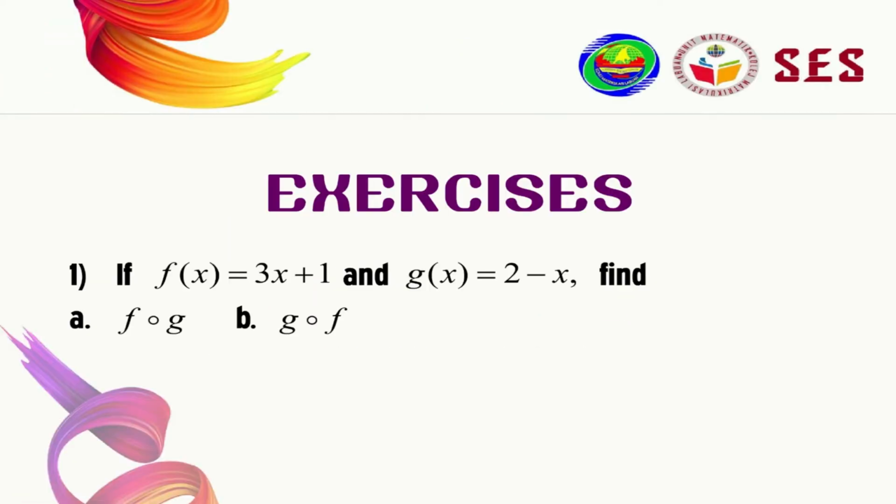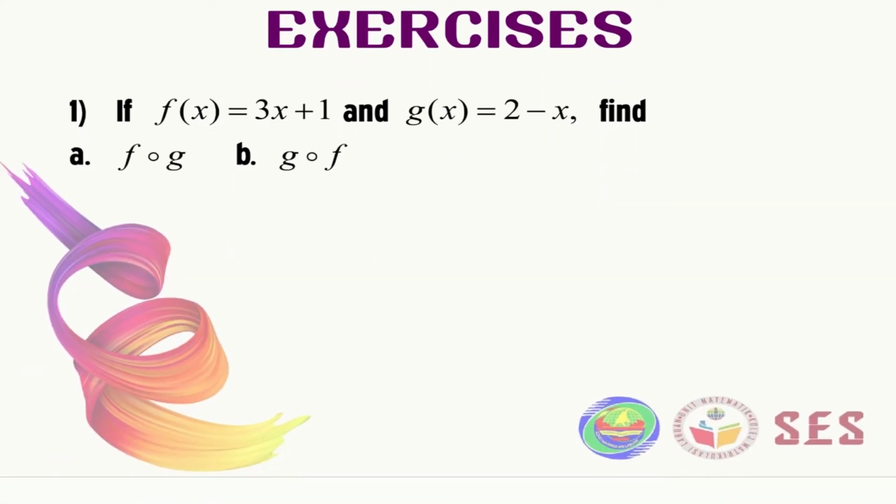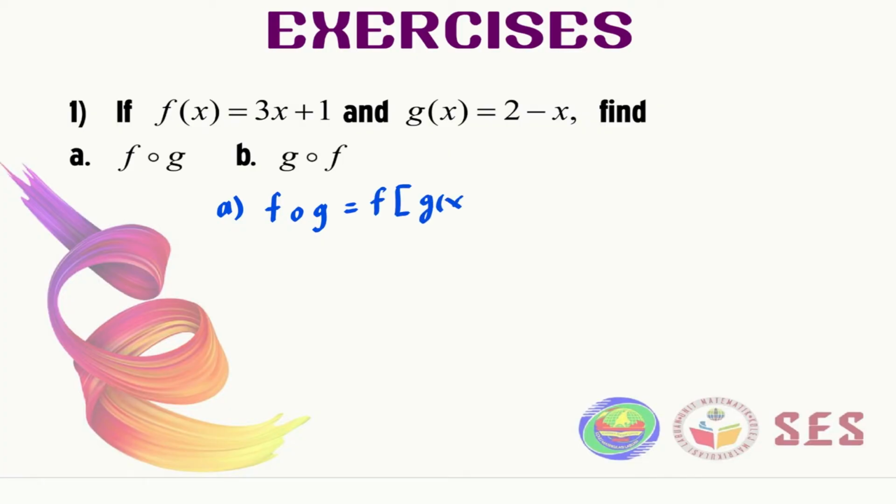Alright, so let us consider a few examples here. The first question: suppose that we have f(x) equals 3x plus 1 and g(x) equals 2 minus x. Find a, f of g, and b, g of f. Okay, so the first one, we need to find f of g, which can also be written as f composed with g.